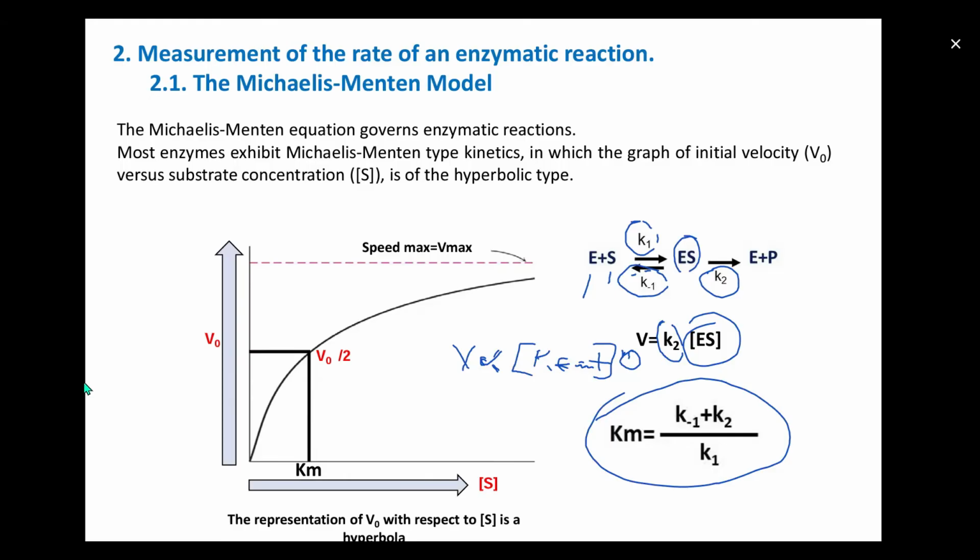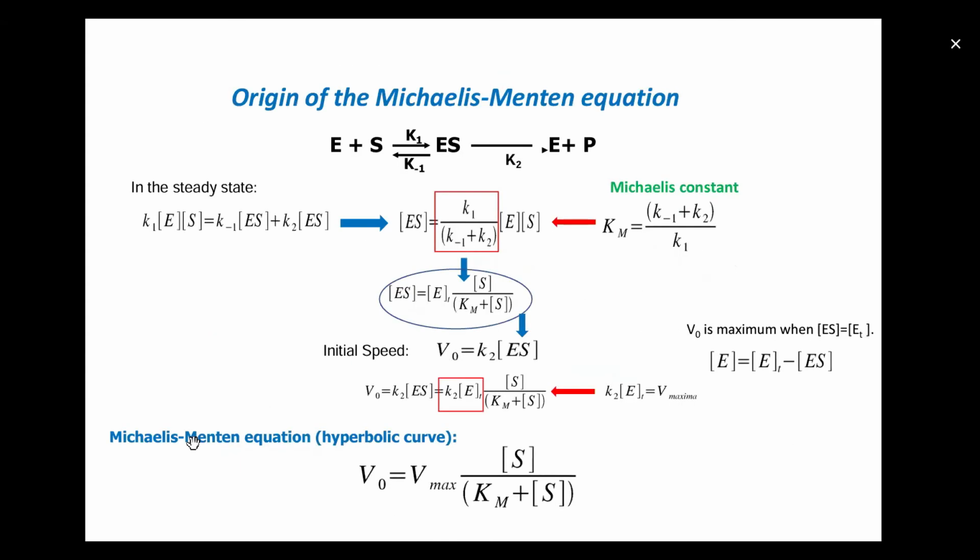So after we have the Michaelis Menten constant, the next thing is, because this is the reaction, we are now going to have enzyme K1 to measure the rate of the reaction.